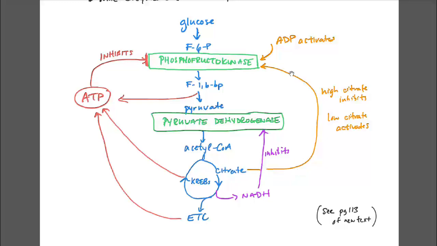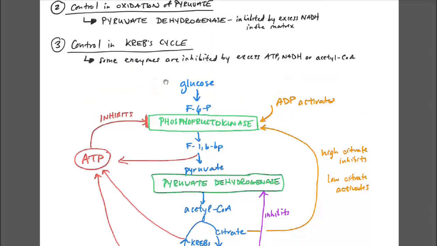So high levels of citrate turn this off. But when citrate is low, I want the low levels of citrate to turn it on so that I can have regulation during glycolysis. So the speed of glycolysis can be controlled by ADP and ATP levels and by the citrate levels as well.